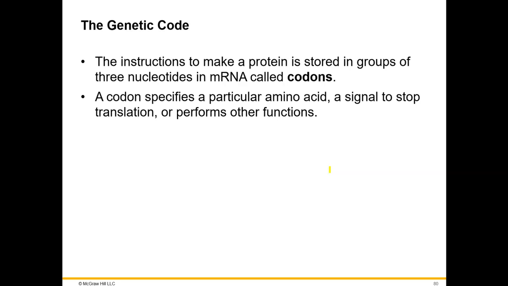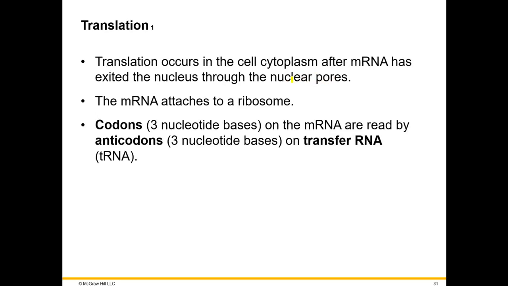So the code, basically, in messenger RNA, every 3 nucleotides is called a codon, and it will code for a particular amino acid. So a codon is 3 nucleotide bases on the messenger RNA that codes for an amino acid.